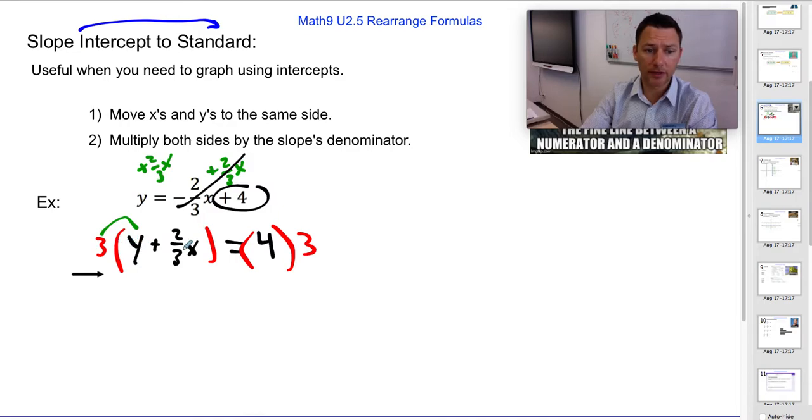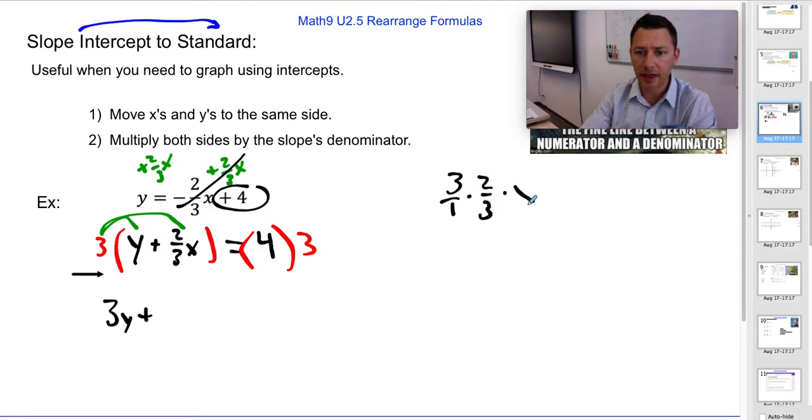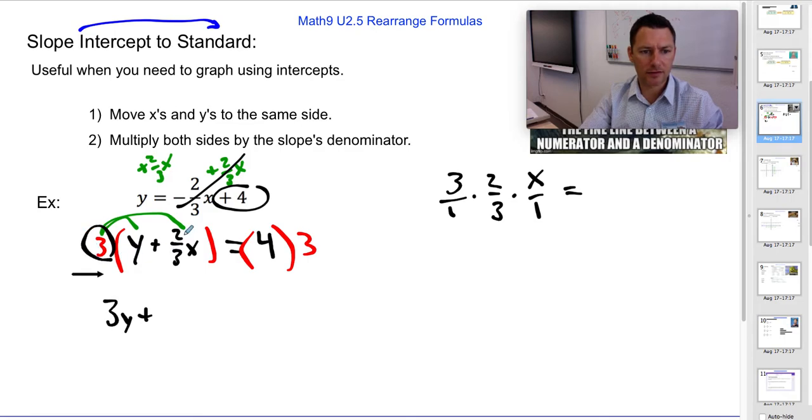We have 3 of these and 3 of these, so this sort of distributes in, and you're left with 3 y's, right? Because it's like 3 times everything in the packet, so you get 3 y's, and 3 over 1 times 2/3 times x. Well, you could think about it as 3 over 1 times 2/3 times x over 1. Right, that's this times this.